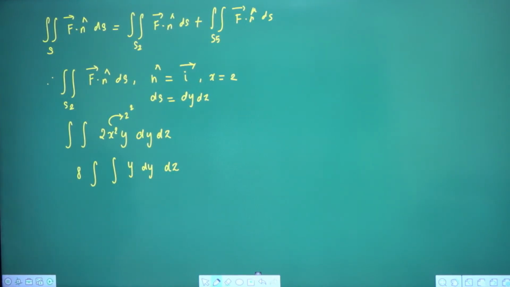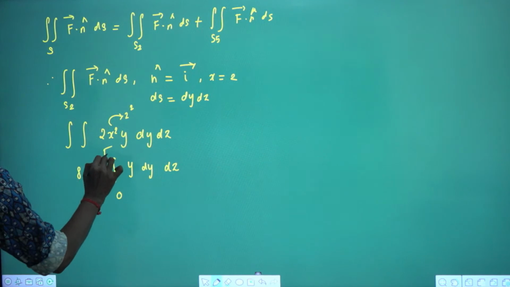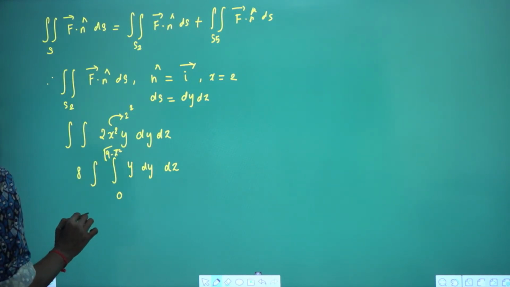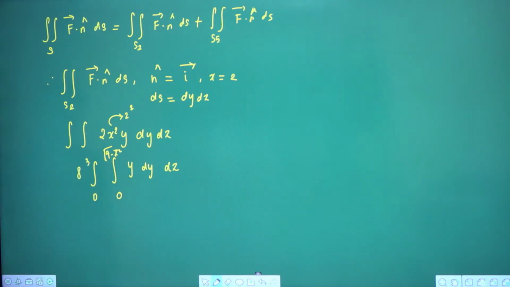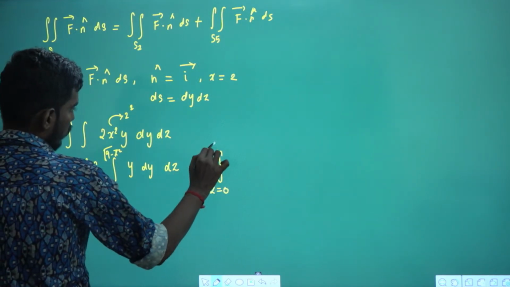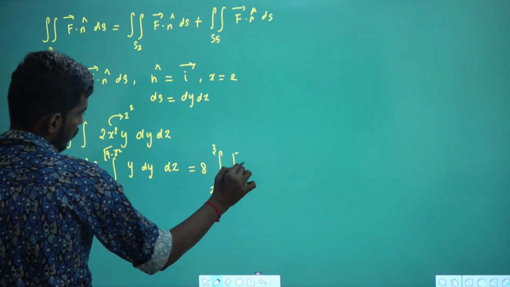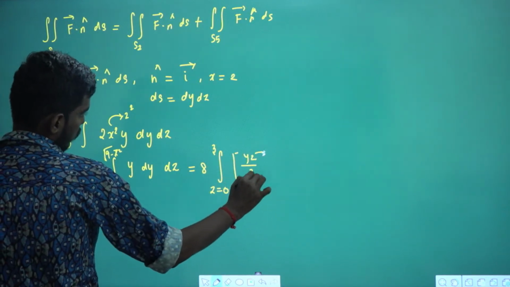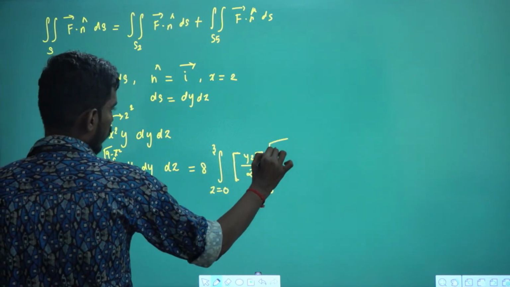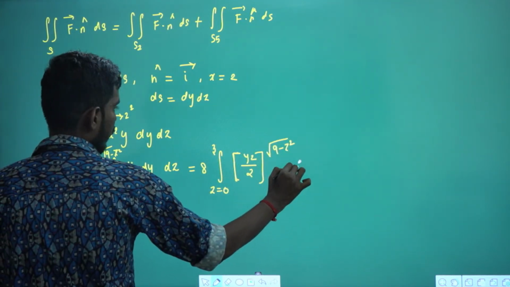Now what are your y limit and z limit? y varies from 0 to root of 9 minus z square, and z varies from 0 to 3. So this will be 8 times, z from 0 to 3, the integration of y dy, which is y square by 2, from 0 to root of 9 minus z square, dz.